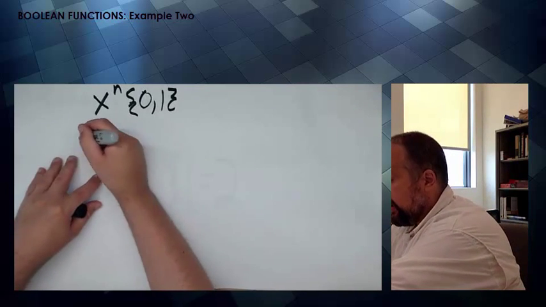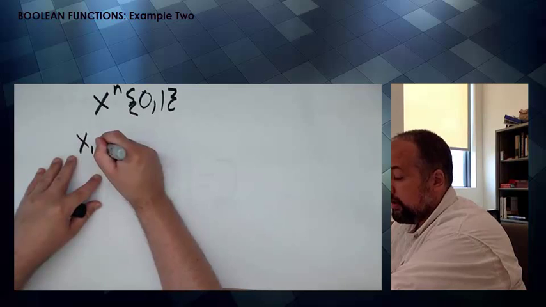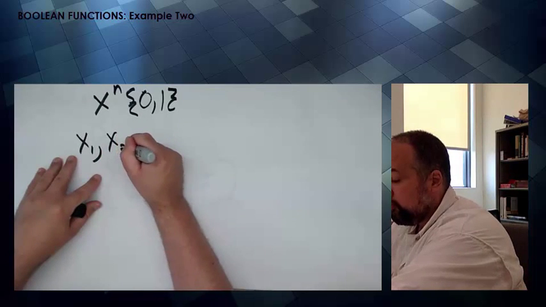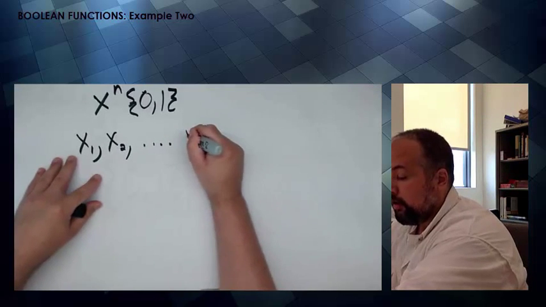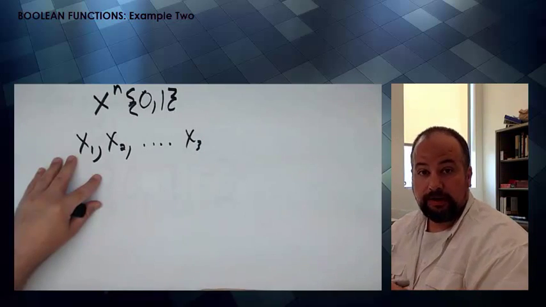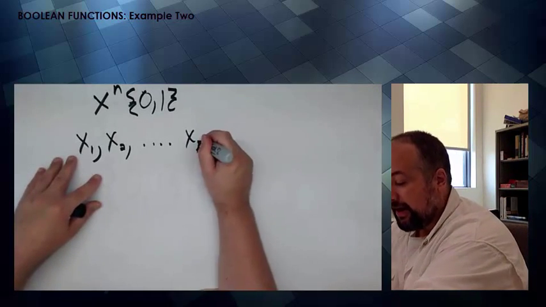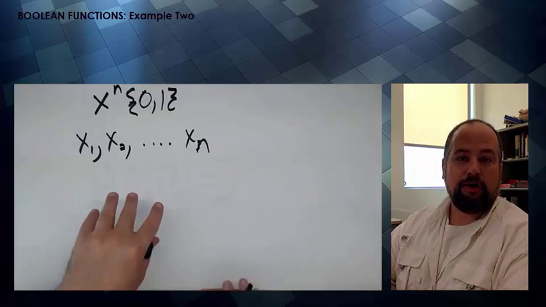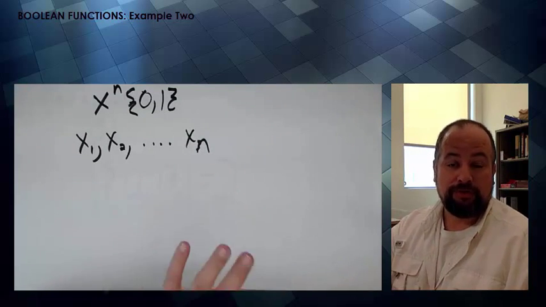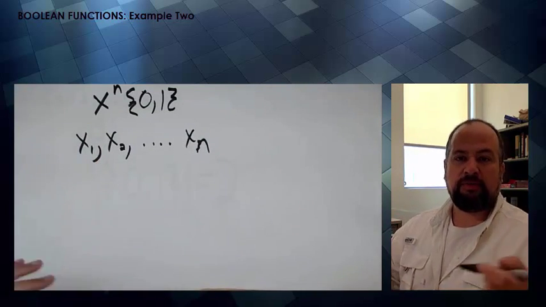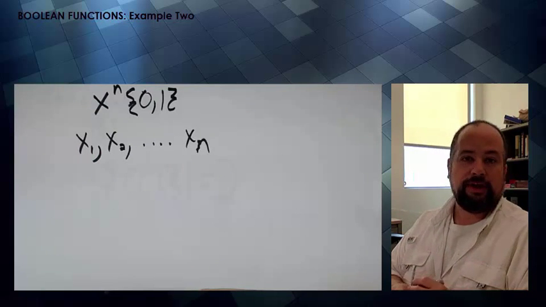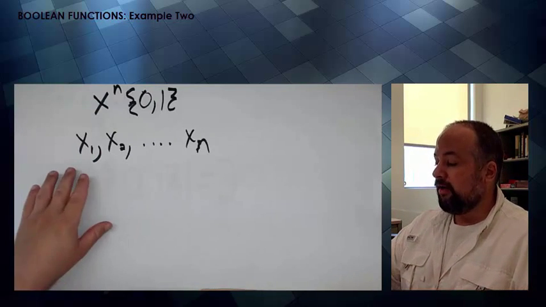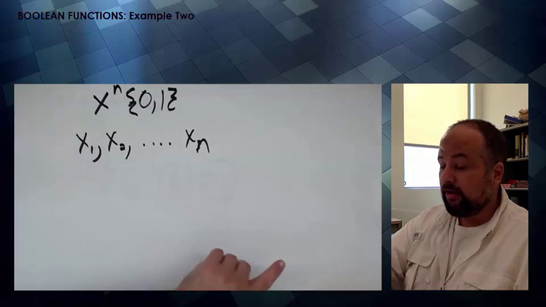So that means we have x1, x2, all the way down until we get to x3, or xn. In our concrete example, we're using 3, but in the general case, we use n. So 20, 30, 40, doesn't matter. We have an x for each of these.